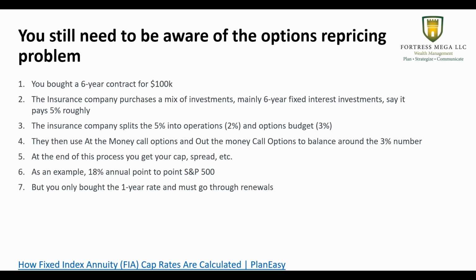Okay, but you still have the basic problem that the cost of options can change year by year, which means their costs change by year, and they can fundamentally change that 18% cap rate to say 9% in the future, because that's what the market is saying they can do based upon the calculations. So I would just watch out for your intervals. That's why 1, 3, 6 blending all those can be a really good idea, as opposed to just buying 1 year or 6 year.